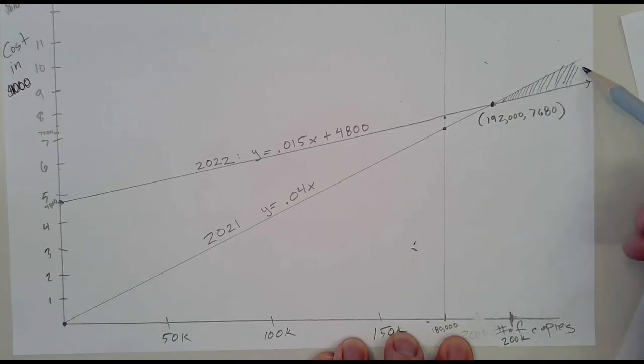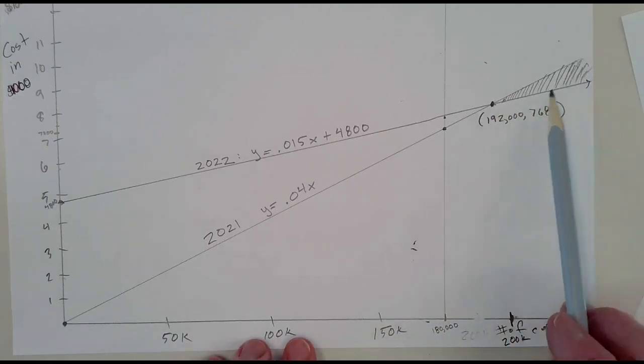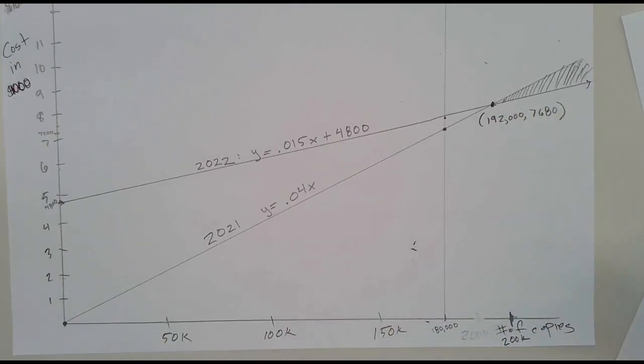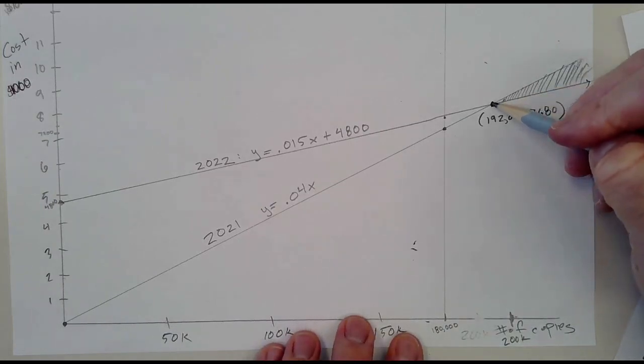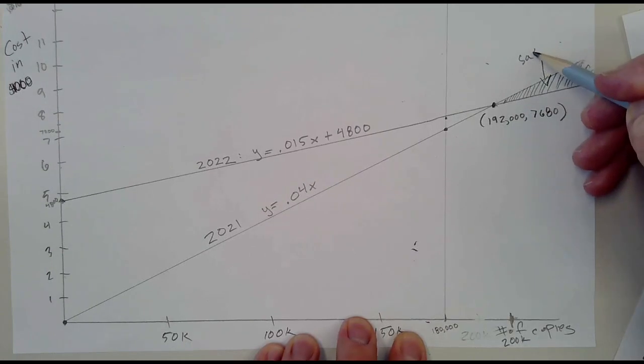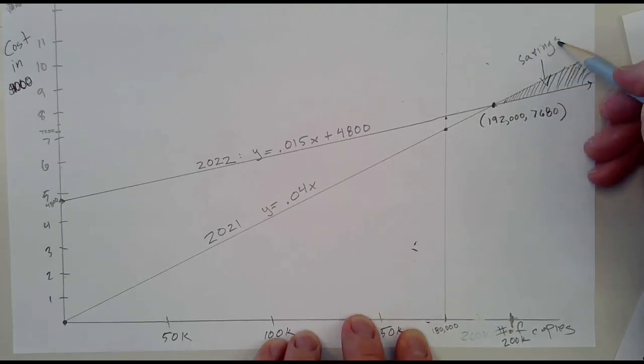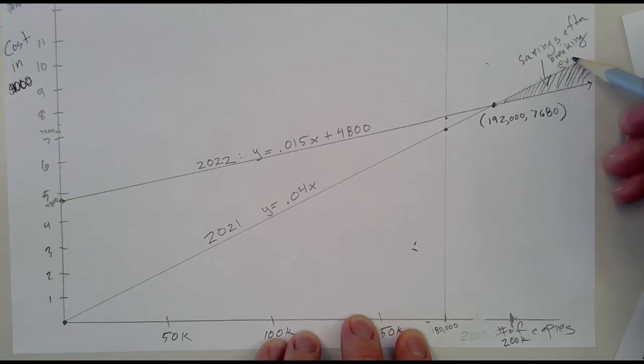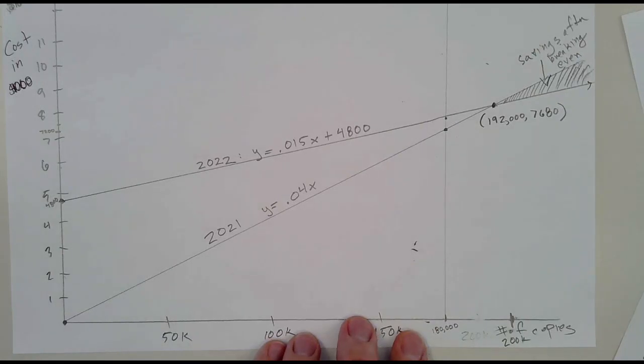And you can see how those savings just continue to grow and grow and grow as we make more copies in the future. So this is the point at which we break even. These right here are the savings after we break even. And by the way, this is just extra credit. Savings after breaking even.